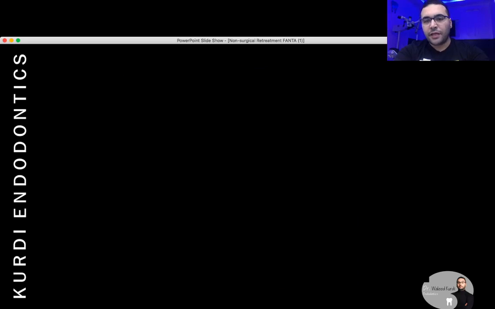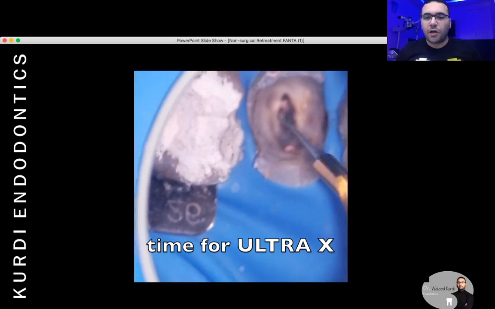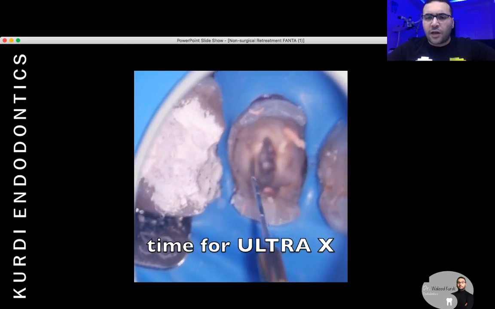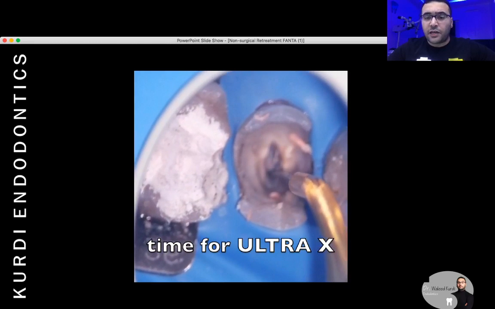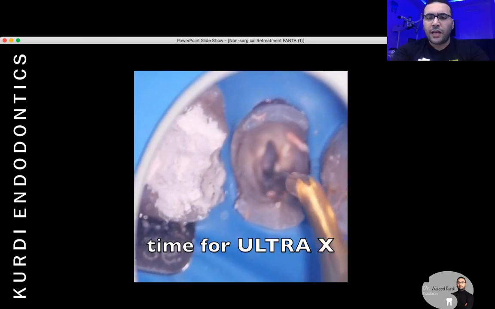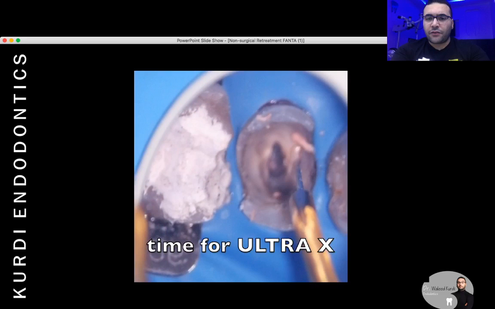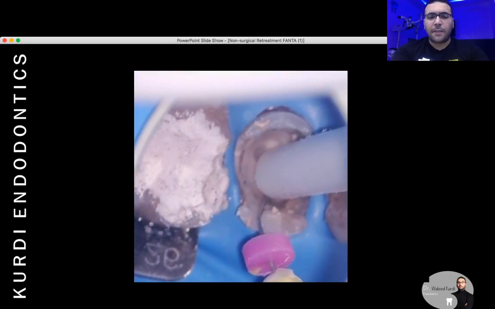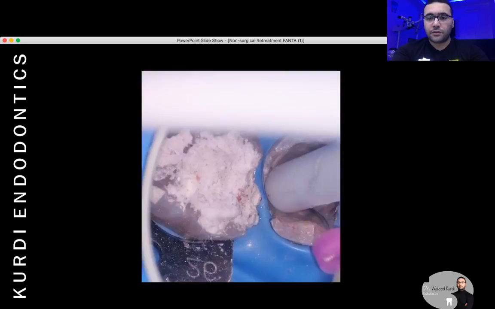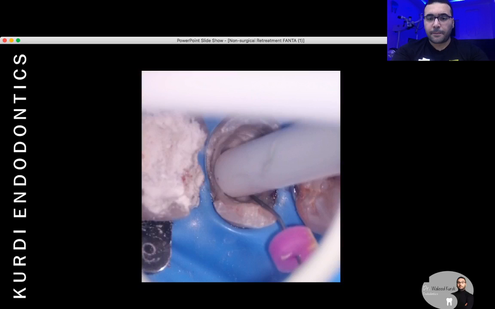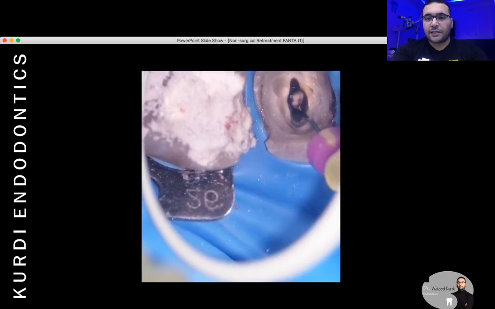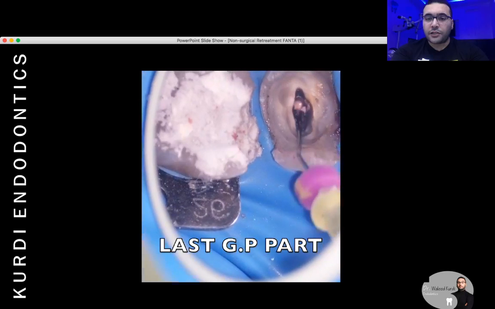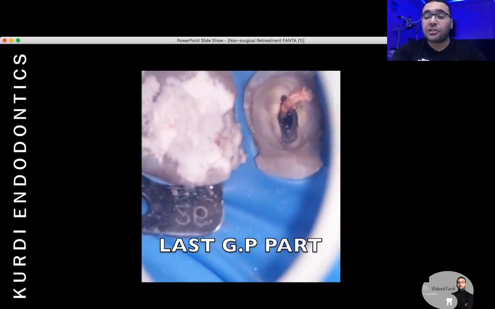Here you can see we removed a little bit some of the gutta percha, and then with another type of ultrasonic device, you are starting or trying to remove another gutta percha from inside the canal, and then after that you are going to irrigate, and you can see some pus, you can see some blood, and still there is, yes, here a piece of gutta percha inside the canal, and you are starting to remove the gutta percha with the irrigation needle tip.